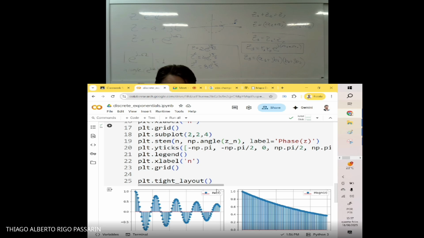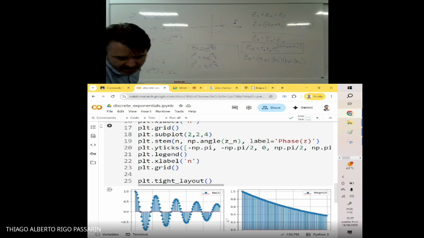What happens if I increase omega? If I increase this guy, I keep the radius, but I use a larger omega. Do I have any change here in this graph?